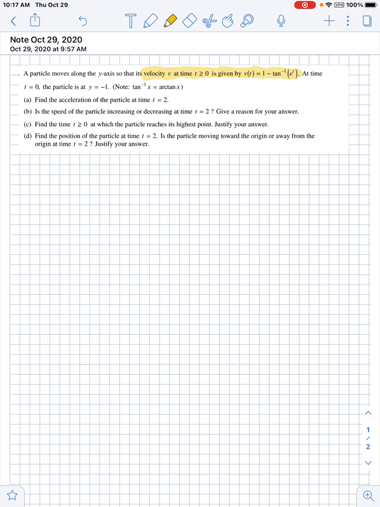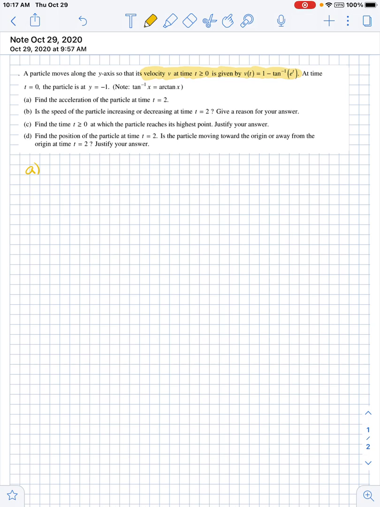So when part A says find the acceleration, we already know that this is the first derivative, so the acceleration would be the second derivative. In order to note that, we would say it like this, because you need to be really clear. When I was grading your FRQs, a lot of you were reasoning your way through things versus letting the math show you what's going on.